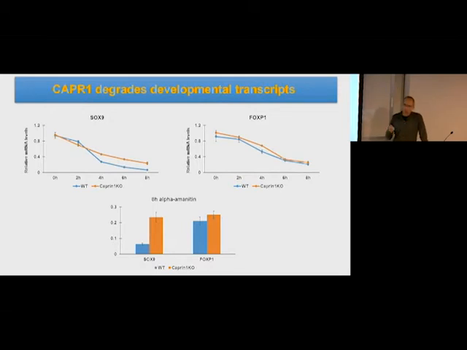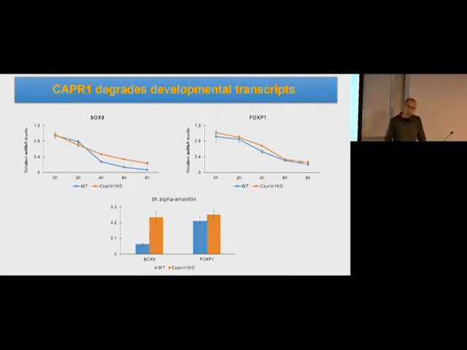So we started doing it case by case. We took one of those cases like SOX9, which we found to be upregulated in the caprin-1 knockout cells, and we did alpha-amanitin. In the one or two or three cases that we checked, it seems to be the case. This was just a control that didn't show any differential expression.